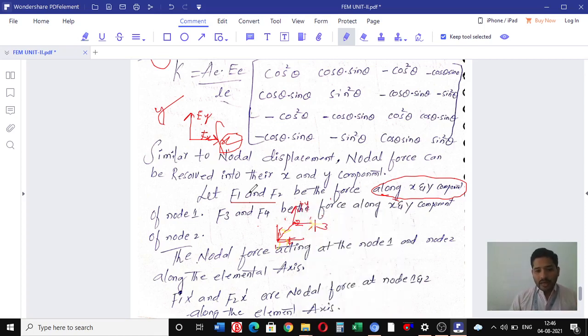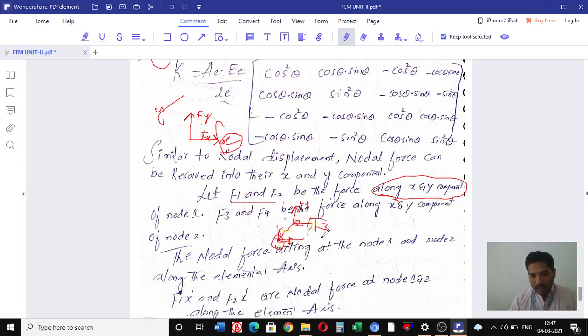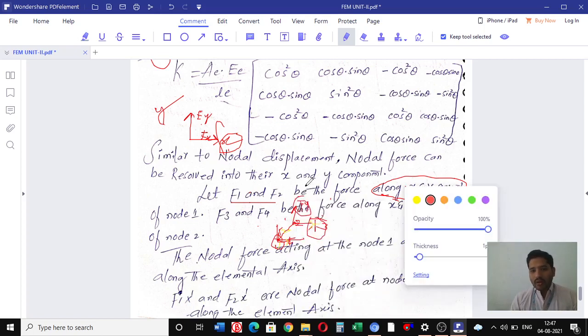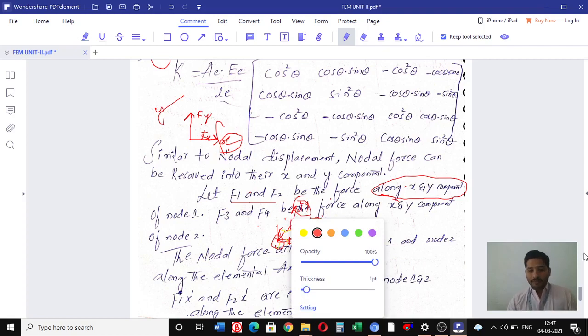Clear? So let the forces F1 and F2 be the force along the x and y components, acting where? At node 1. And the forces F3 and F4 be the force along which component here? Along the x and y components, but they are acting at node 2. They are acting at node 2. Clear?